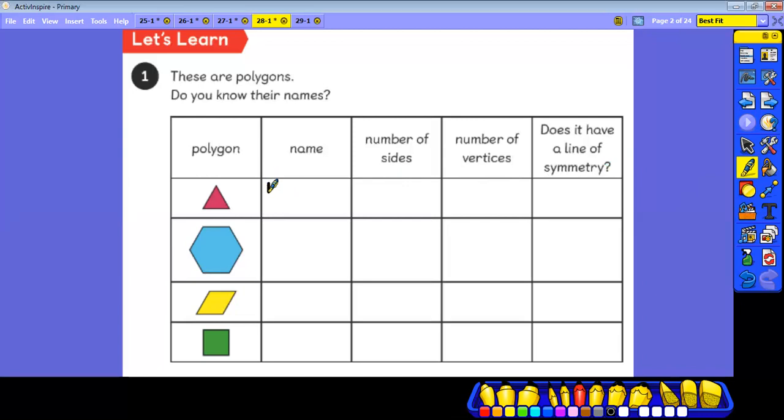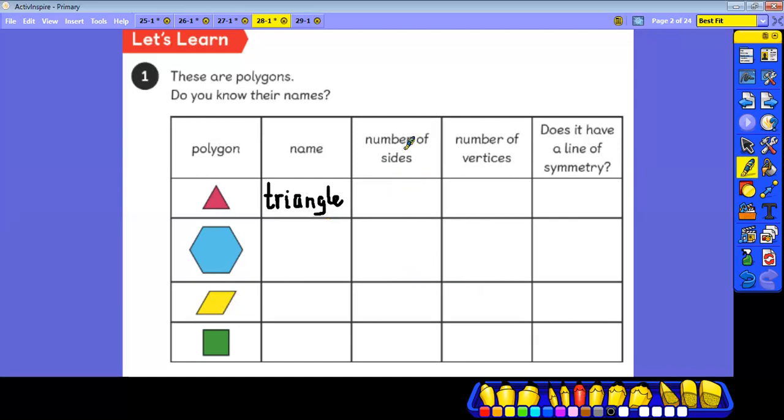So we need triangle, T, R, I, A, N, G, L, and an E. That end's a little bit wonky, isn't it? I could use my rubber just to fix that. There we go. A little bit better.